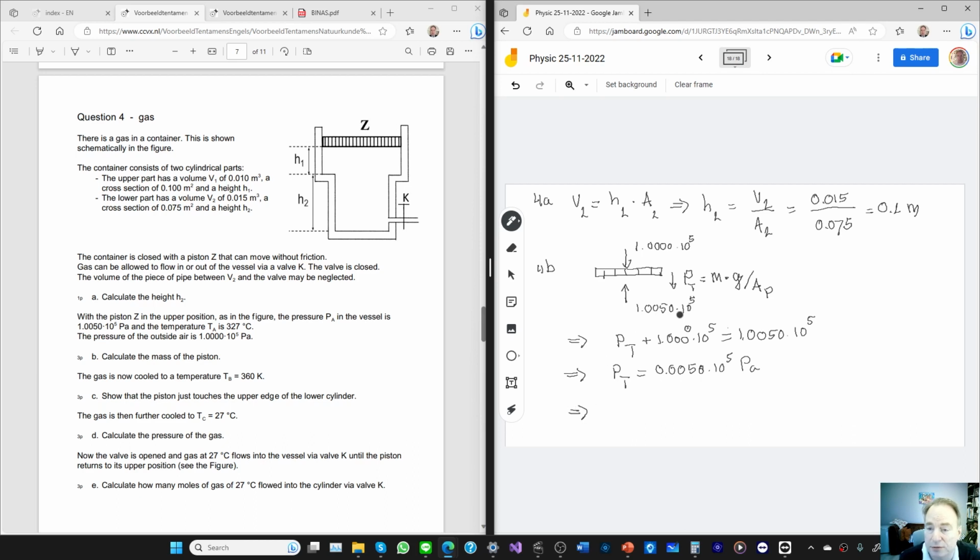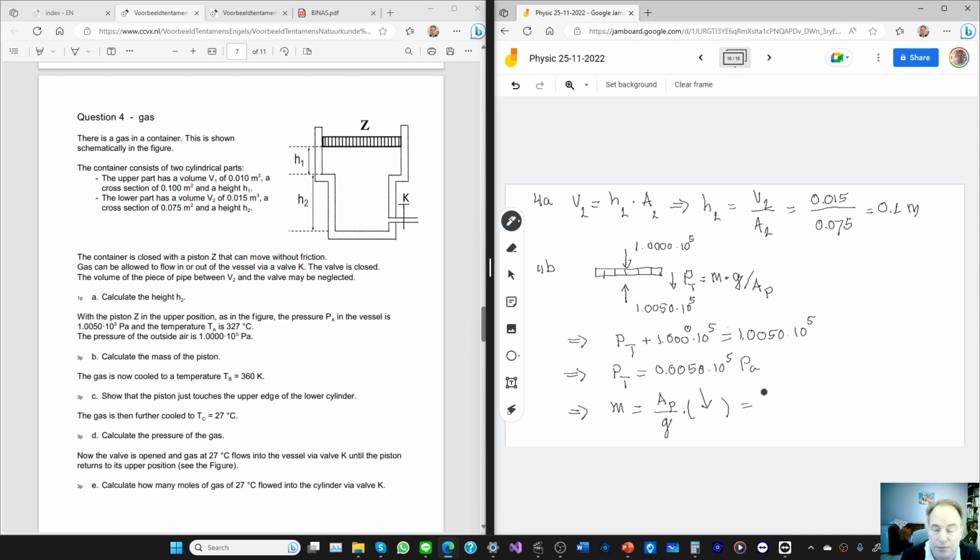So then we finally conclude that the mass is the area of the piston divided by the gravitational constant times this number here. And the area of the piston is the cross-sectional area here.